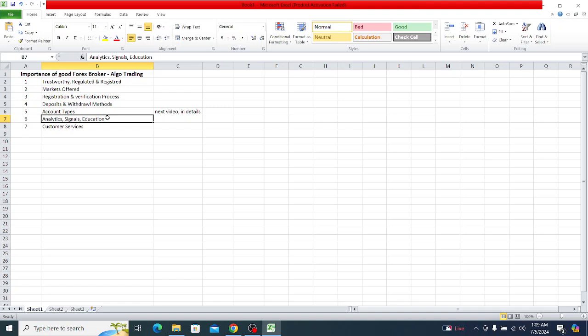So this is also something very important which we will be using for our buying or selling, sell orders or buy orders decisions, and they help you to see where the market is moving.